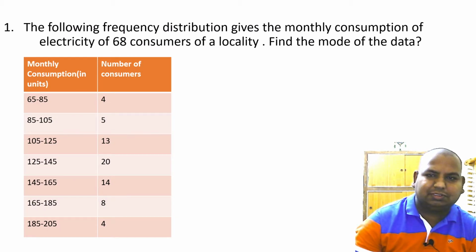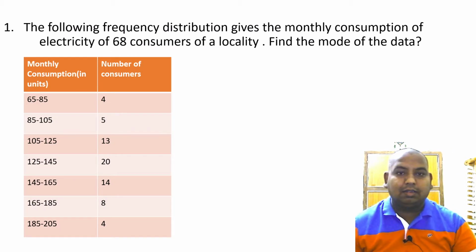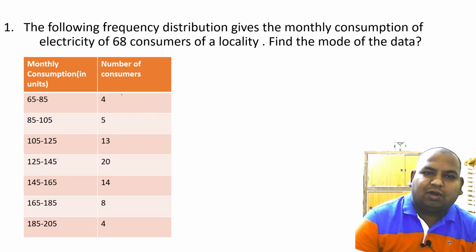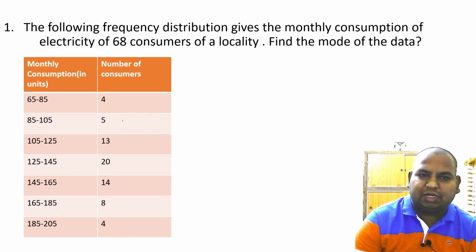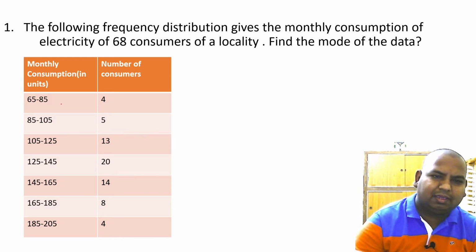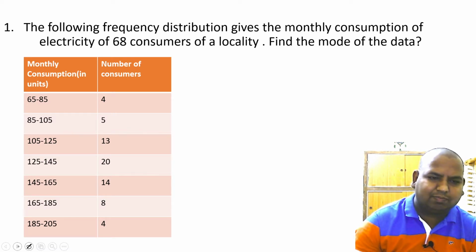Here goes the first question. The following frequency distribution gives the monthly consumption of electricity of 68 consumers of a locality. Find the mode of the data. By the way, you can ask just 4 different types of questions from mode.